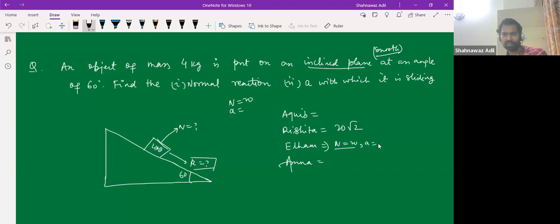Okay, let me calculate. I got A as 5 root 3.